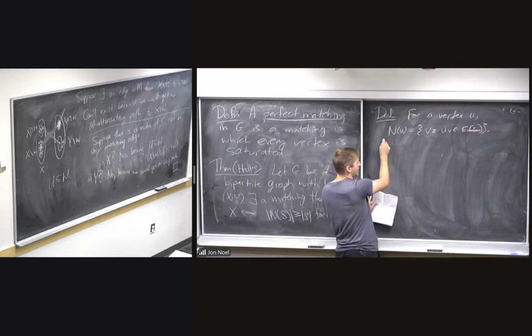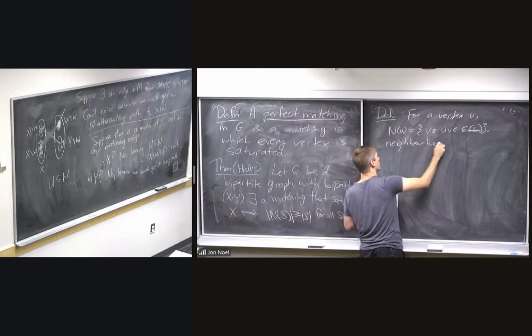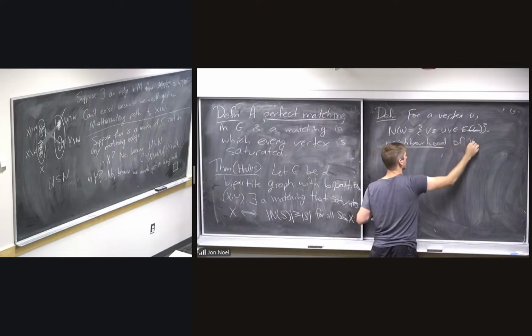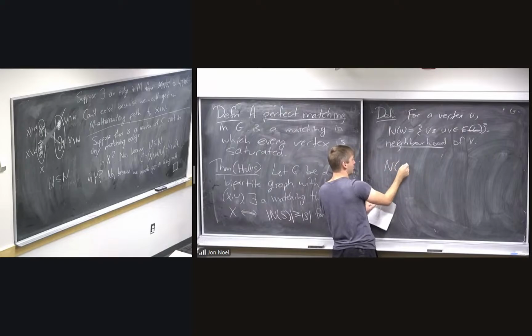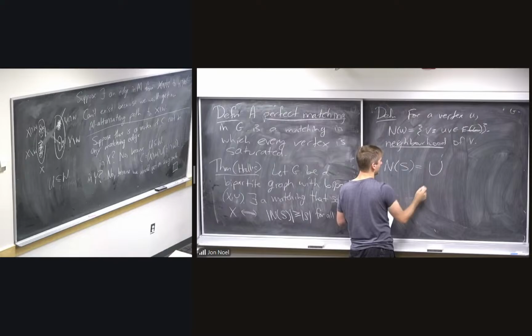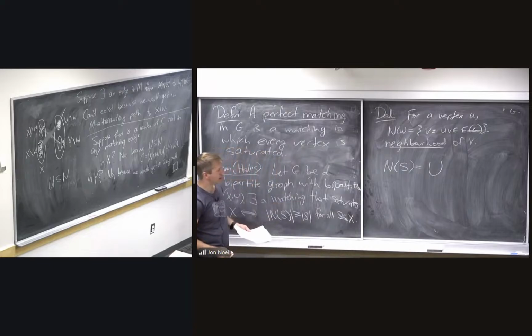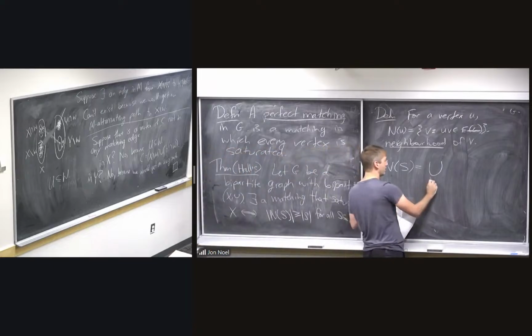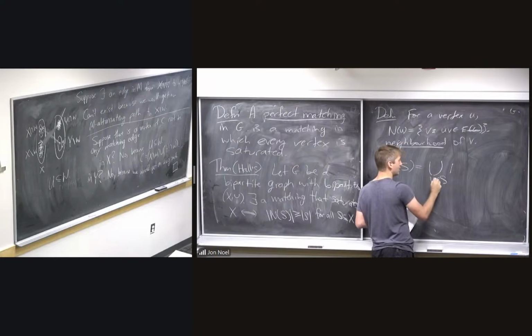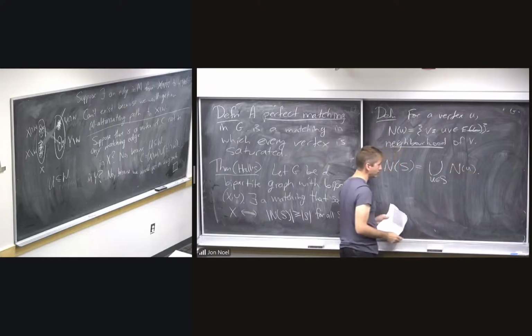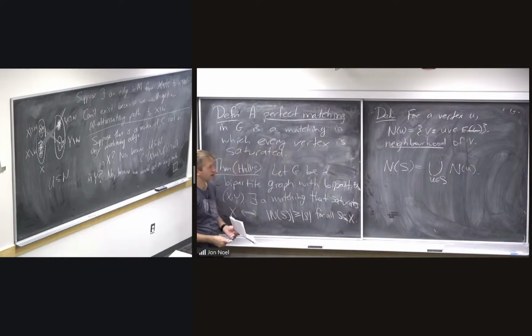This is called the neighborhood of U. And if I have a set of vertices S, in the setting of a bipartite graph it's not going to matter, I'm just going to say it's the union over all U in S of the neighborhood of U. So this is for a set of vertices.